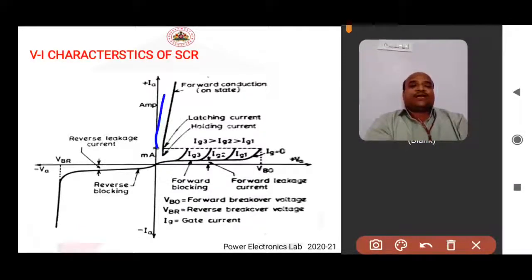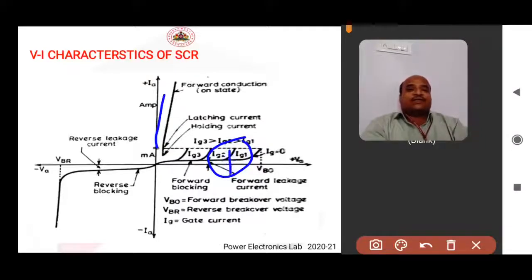As I said earlier, it can also be turned on at a voltage less than the breakover voltage. Here you can see this is the gate current IG1. It is turned on at a voltage less than VBO, that is the breakover voltage, and for IG2 the breakover voltage is reduced further, and for IG3 again the breakover voltage is reduced.